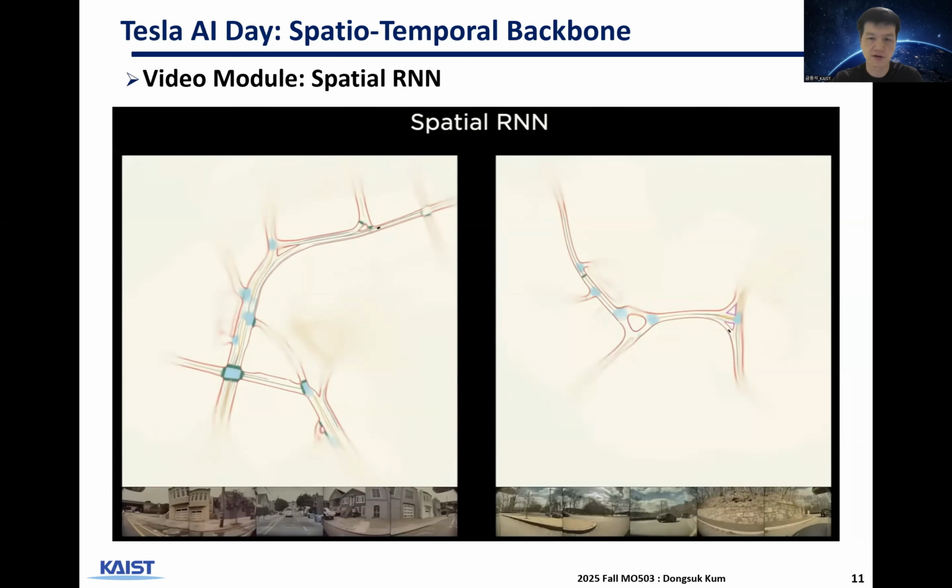But here, this RNN module is dedicated for each space so that it can do this type of mapping function.